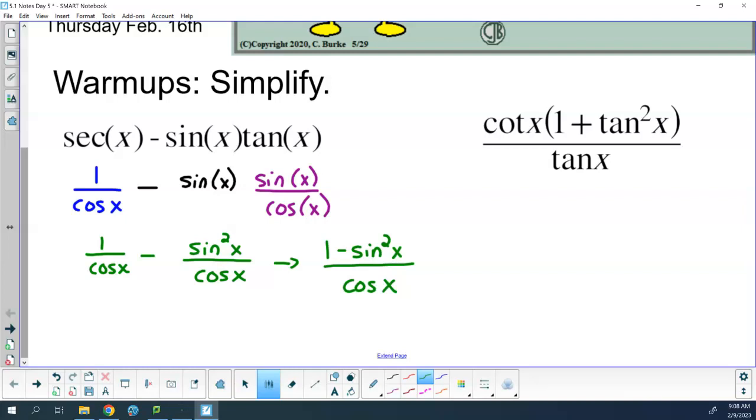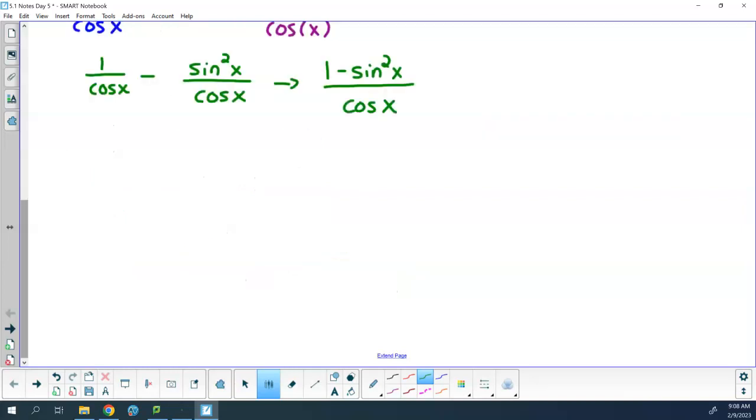Okay? So you would have to show that. Then you can say that 1 minus sine squared is cosine squared. Then cosine squared divided by cosine is just cosine of x. Okay.